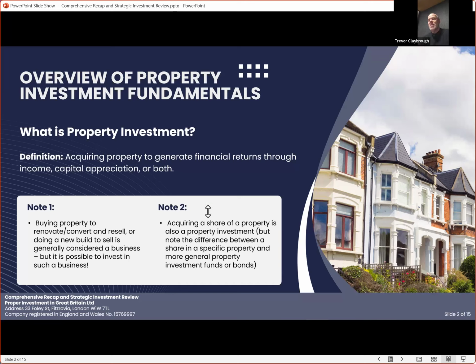However, and this is a second note, if we're buying a share of a property, which we do quite a lot, either through joint ventures or what we call the pooled BRRRR, a share to buy part of a property with other people with the aim of holding on to the property, that really is a property investment for both the income and the capital appreciation, and generally both at the same time.